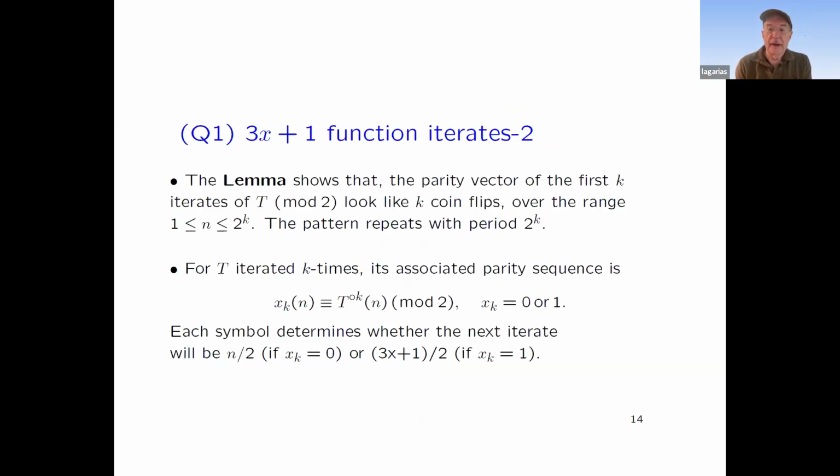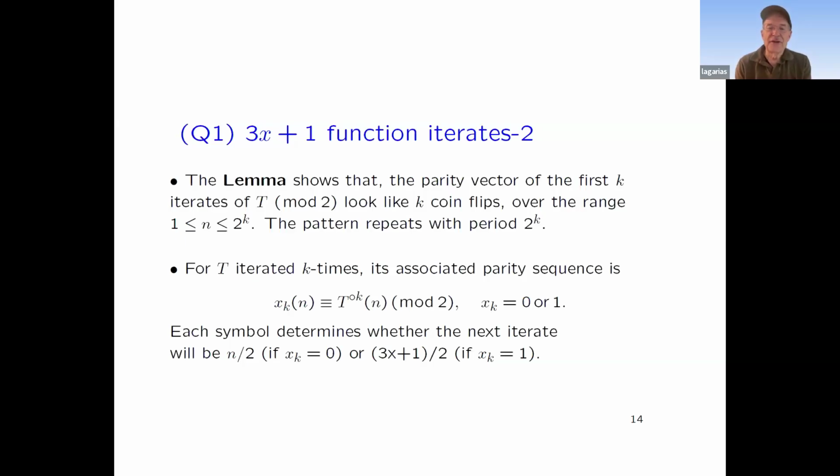That lemma shows that the pattern of the first k iterates behaves like k coin flips over the average from 1 to n to 2 to the k. And so on these coin flips, if you flip even, you divide by 2, so you multiply the number by 1/2. And if it's odd, you multiply by 3 halves, and 3 halves plus a smidgen.